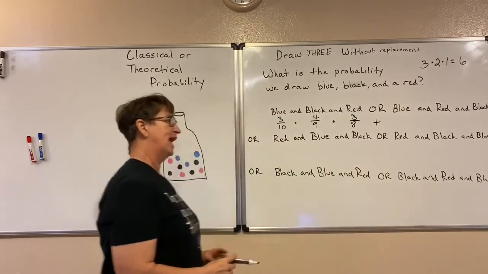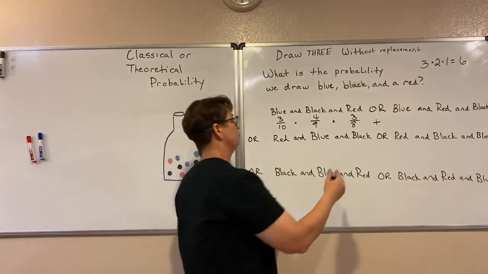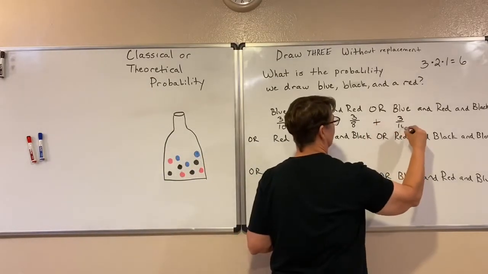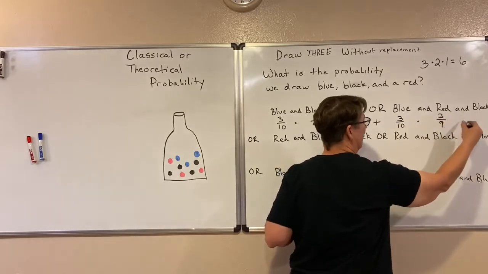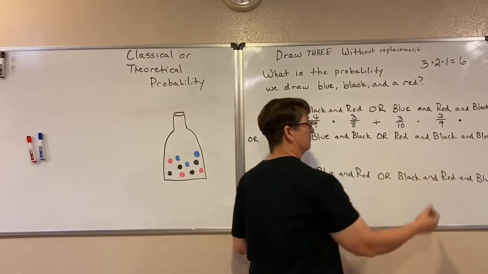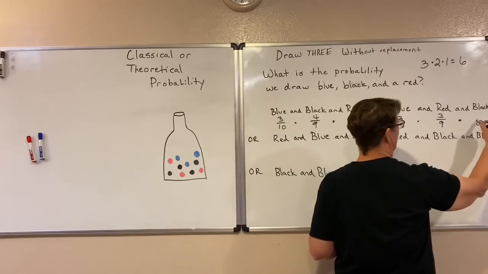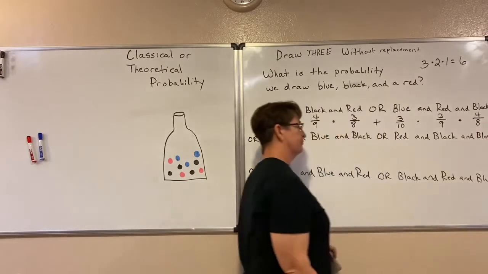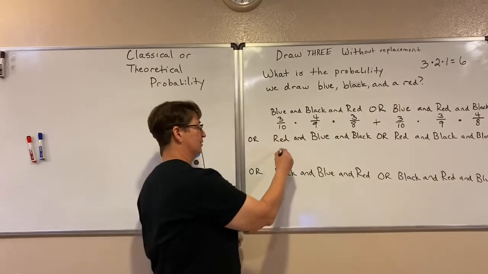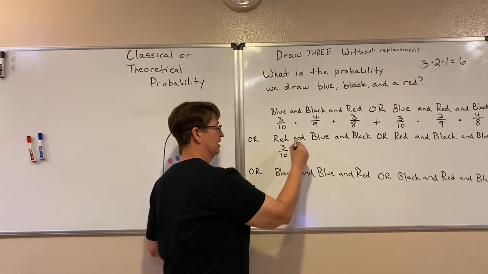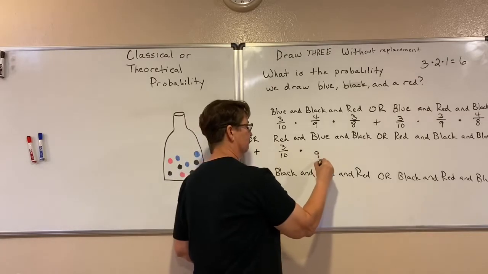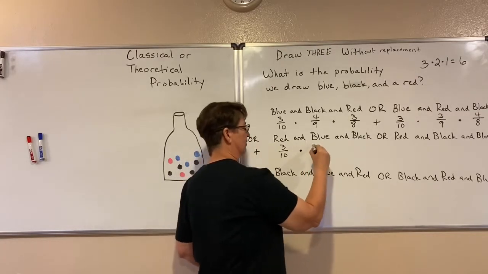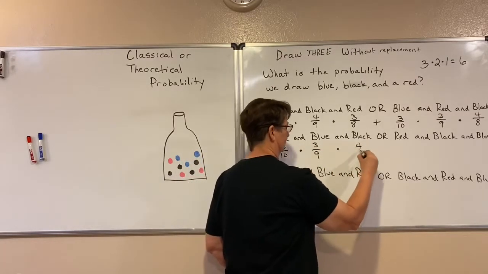That "or" tells me to add. The blues, still 3 out of 10. I've taken one out, so I'm down to 9, still 3. The "and" tells me to multiply each time. And the blacks, I'm now down to 8, but I have 4 in there. I'm going to put in the probability for each one of these, remembering that the ors tell me to add and the ands tell me to multiply.